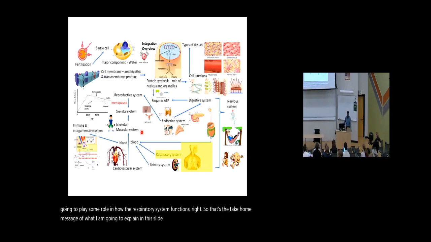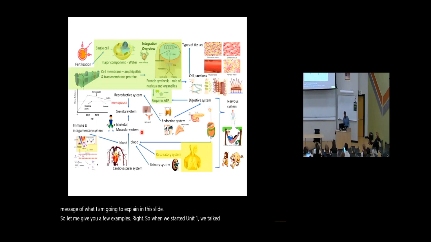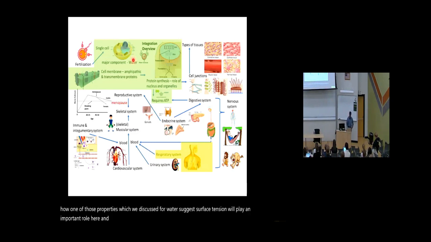So let me give you a few examples, right? When we started unit 1, we talked about the structure and the properties of water. And when we talk about the respiratory system, we will see how one of those properties of water, such as surface tension, will play an important role here. And then in unit 1, we saw what was the generic structure of cells and their functions.